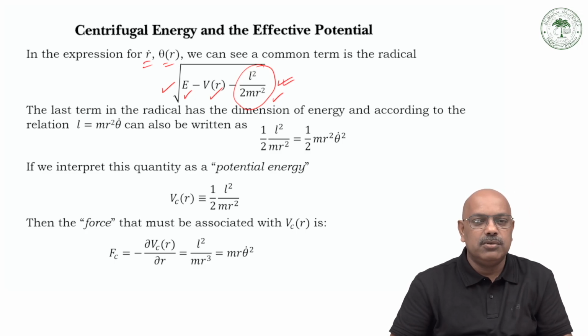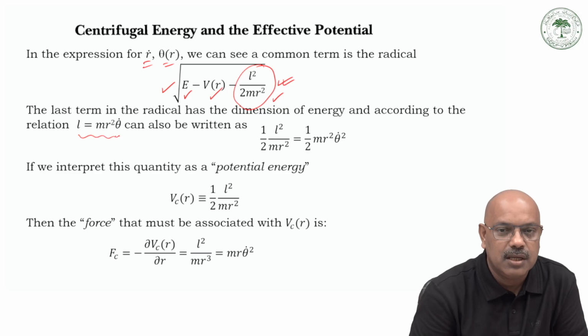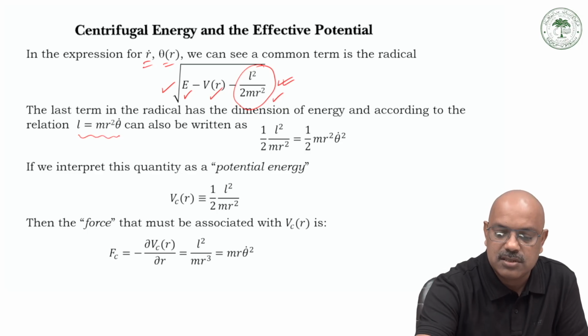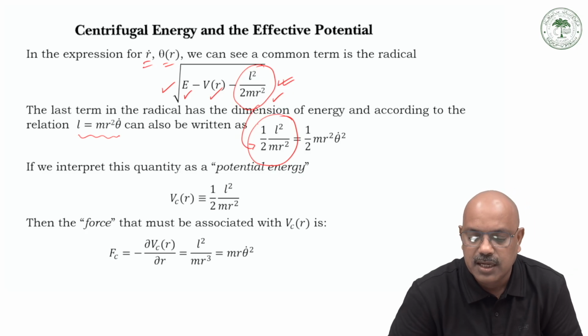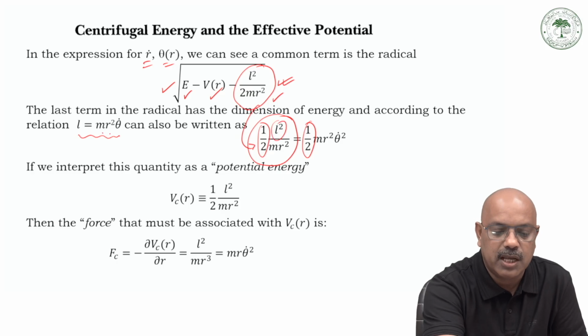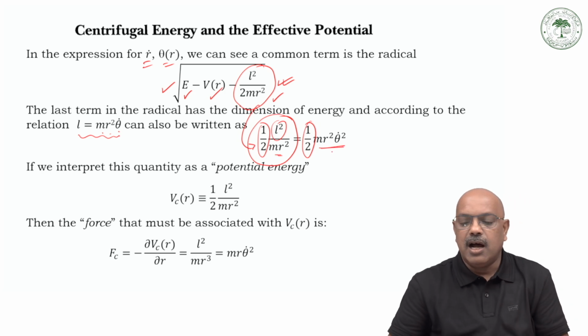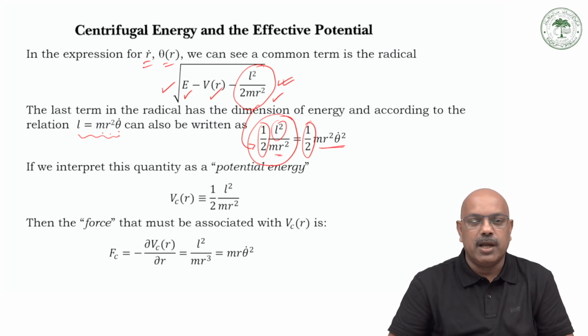According to the relation L equal to m r square theta dot, we can write this term: half L square by m r square, and L square is m square r square theta dot square, so this cancels and gives half m r square theta dot square. So how to interpret this quantity?